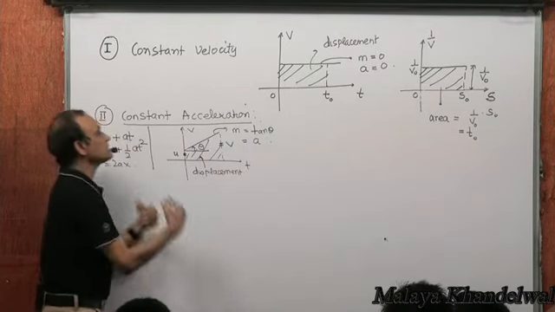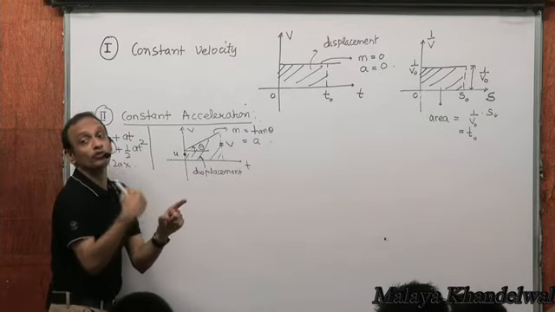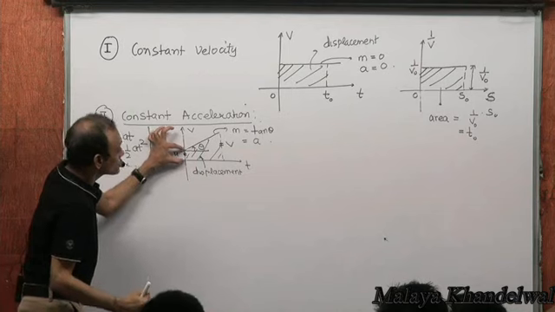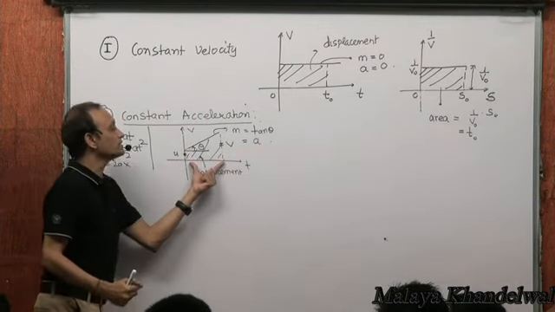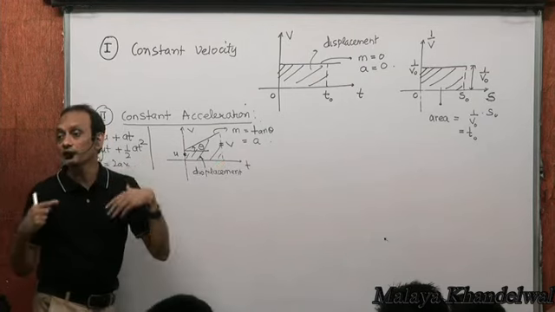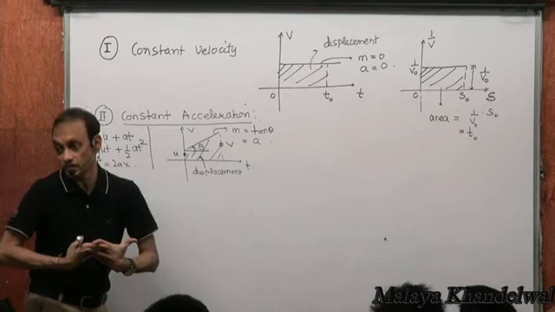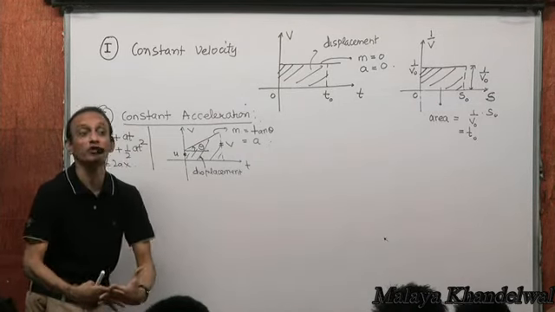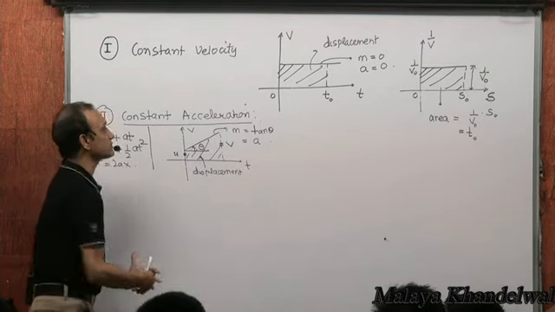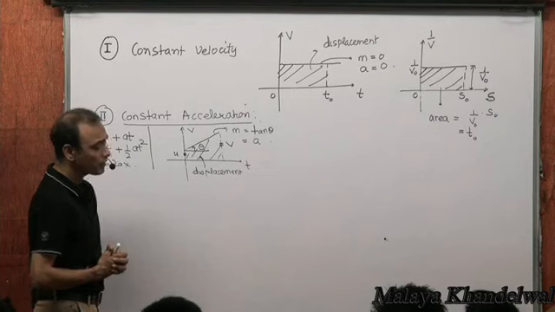And it so happens that in a given interval, the total displacement by total time for a constant acceleration case is also the velocity at the beginning of the interval plus the velocity at the end of the interval divided by 2. That will also give you the average velocity. But that's not the definition of average velocity. It so happens that it turns out to be equal to that for a constant acceleration case, right? So that was the velocity time graph, right?